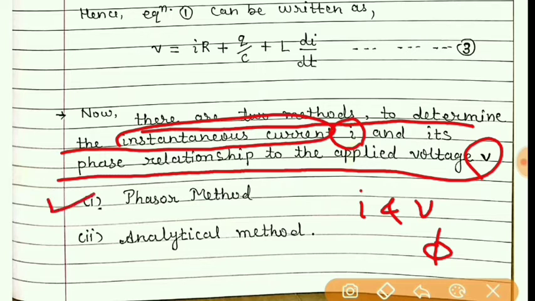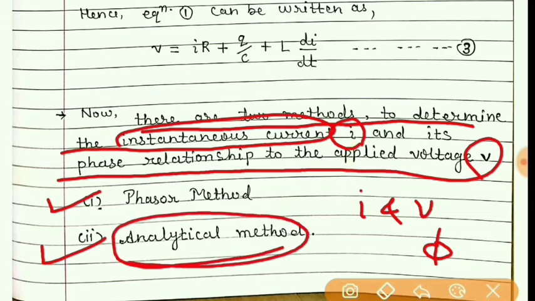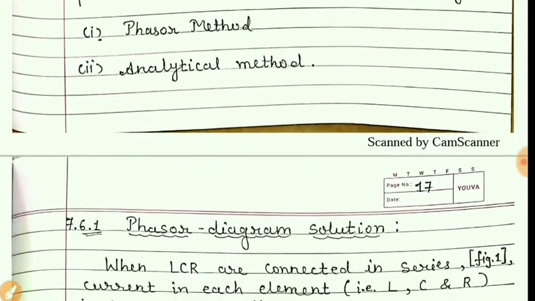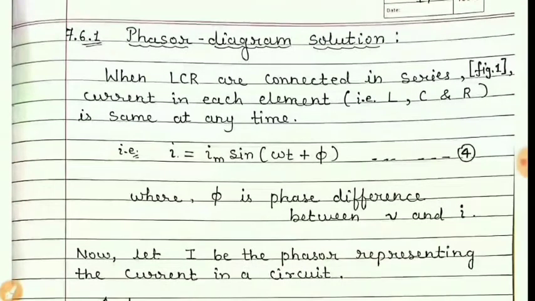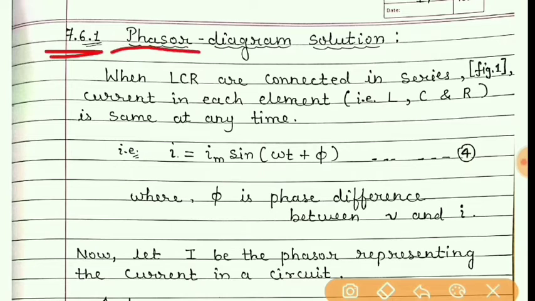First is the phasor method and the other is the analytical method. In the analytical method, more mathematics is used. In the phasor method, the phasor diagram helps us to get this i and phase difference phi. So now let us see the phasor method first. This is topic number 7.6.1, phasor diagram solution.